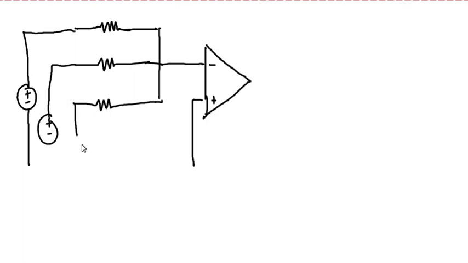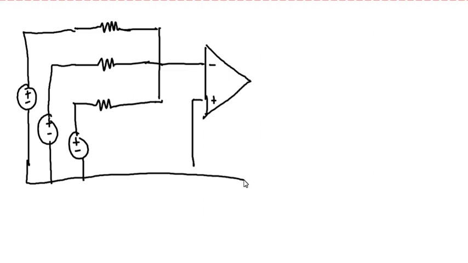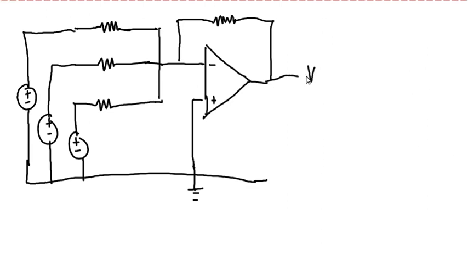This is connected to plus minus. And then you still have your feedback resistor going to your output. This is VO.